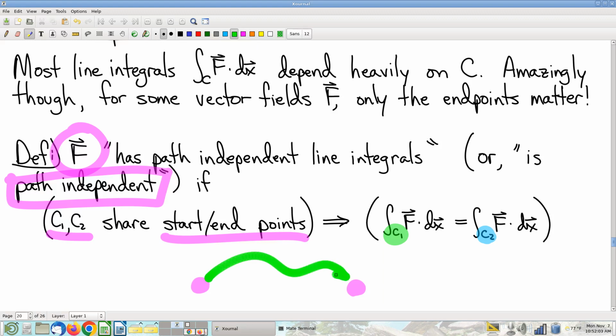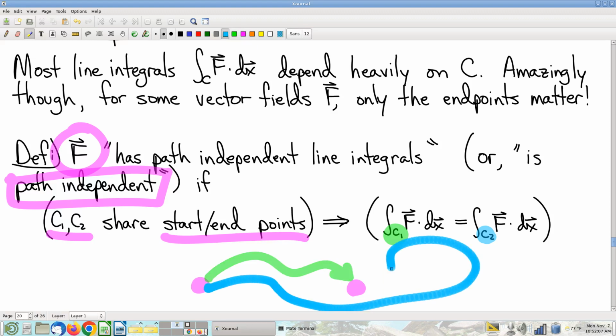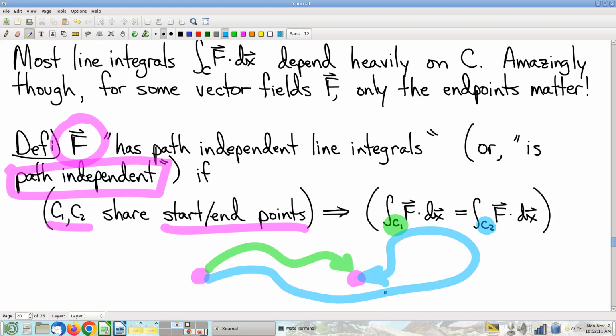The green curve maybe is like this. The blue curve is maybe like that. This green curve and this blue curve start and end at the same points. And I'm saying there are some vector fields, what we call path-independent vector fields, that say, okay, well, these line integrals have to be equal, even though the curves are almost entirely different.